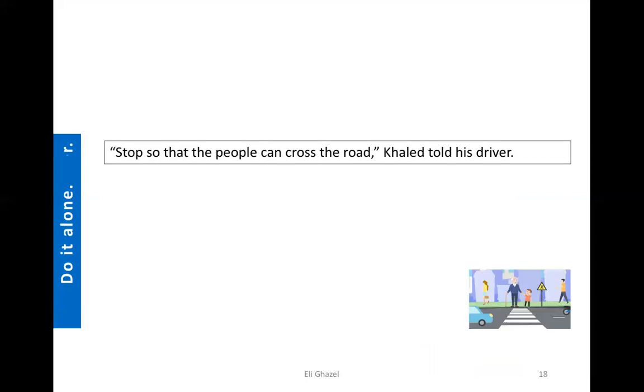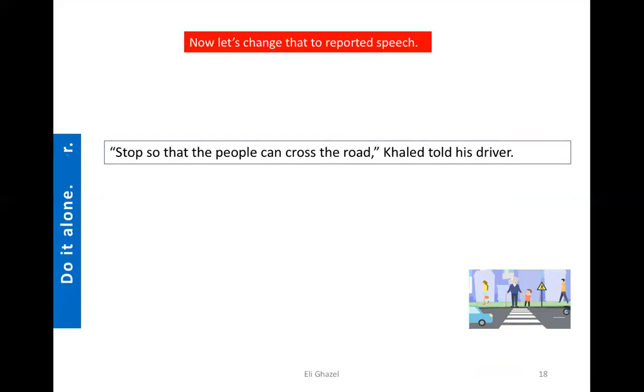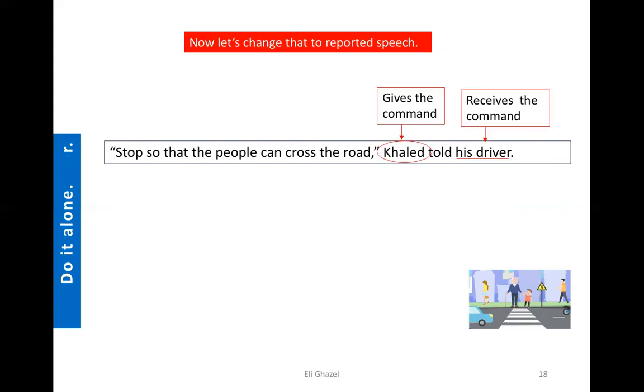All right, so let's look at the feedback. "Stop so that people can cross the road," Khalid told his driver. What do we have first? We need to look for the direct quote, who gave the command, who received the command. Khalid gave the command, his driver received the command, and Khalid's exact words were, stop, so that the people can cross the road.